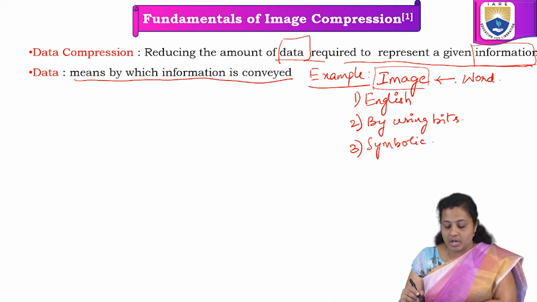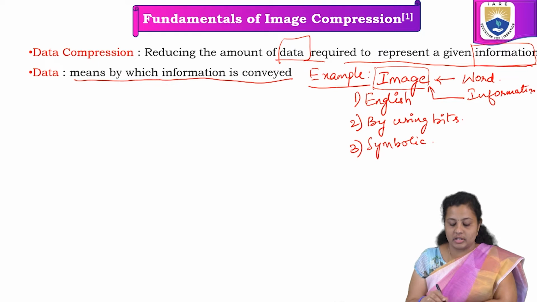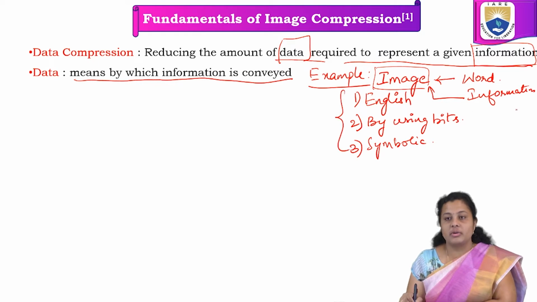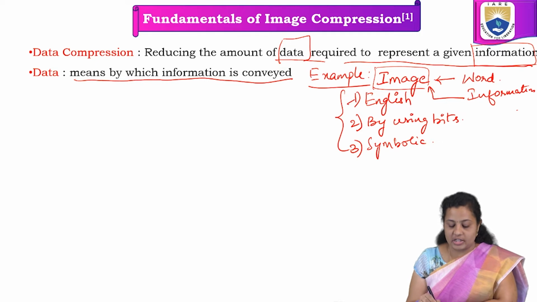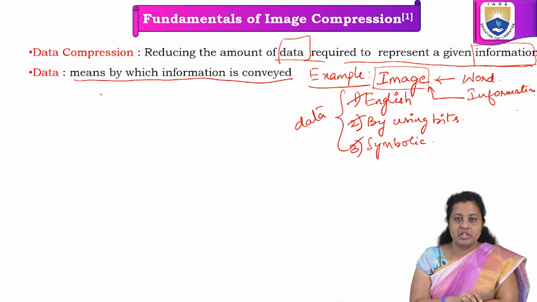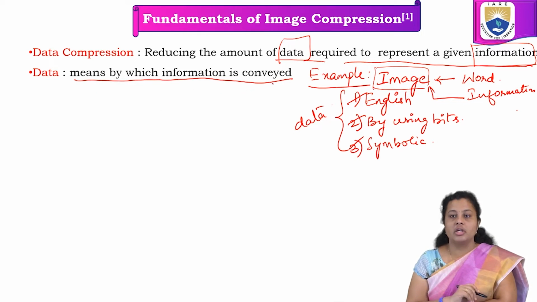Here, image is called the information, and how this information is represented, in any of these three types, is called the data. So data means that by which the information is conveyed.